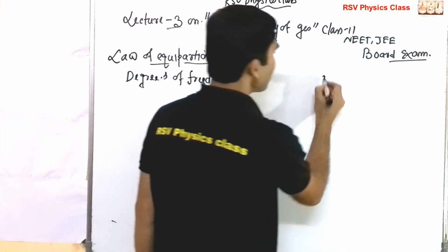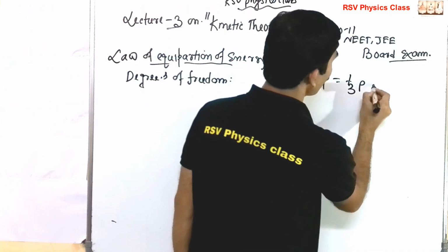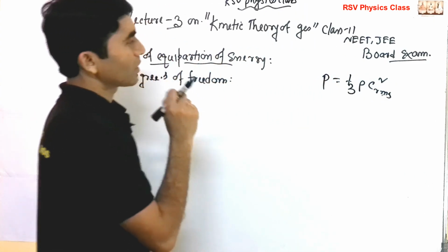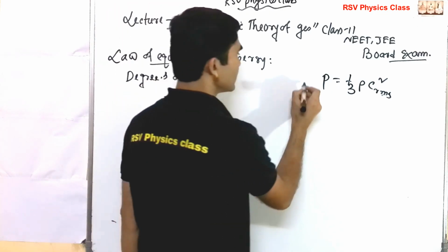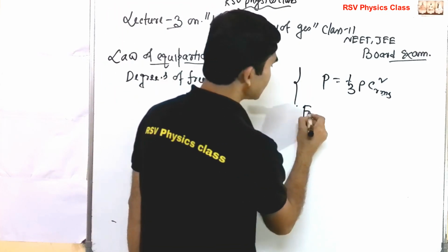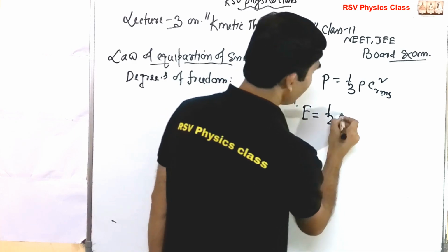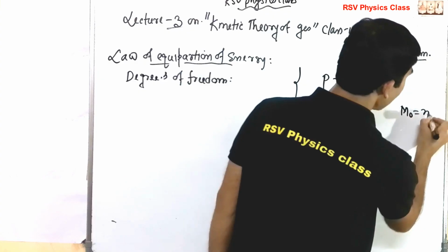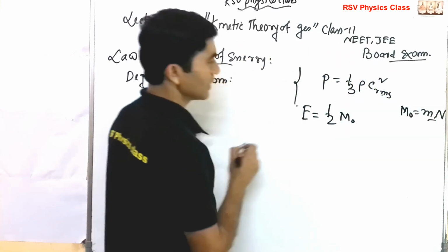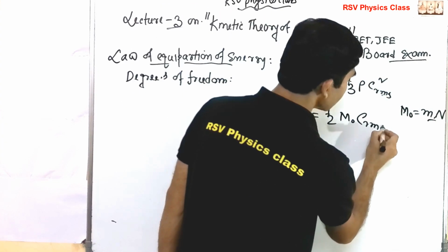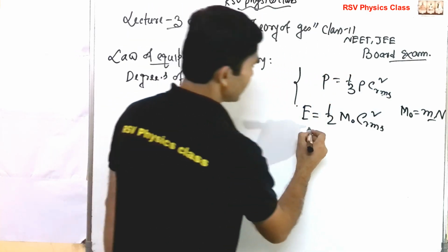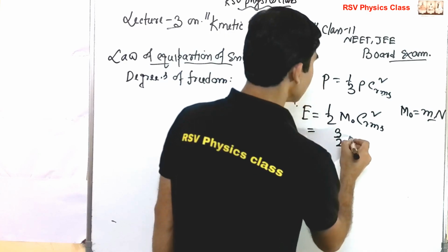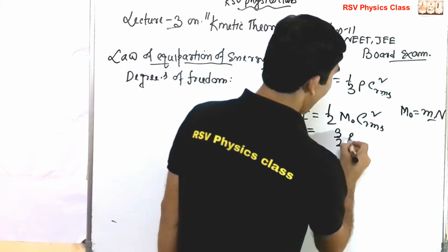That is, P equals 1/3 rho C RMS squared. The total energy of the system is half m0 C RMS squared, where m0 equals m into the total number of molecules, and the energy equals 3/2 RT.